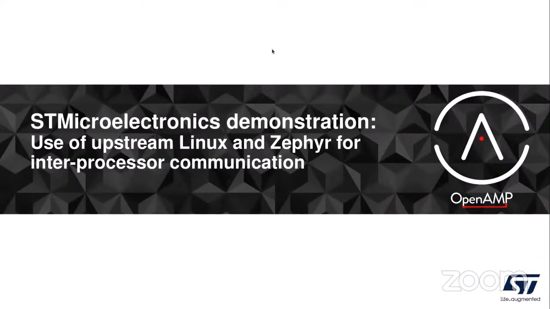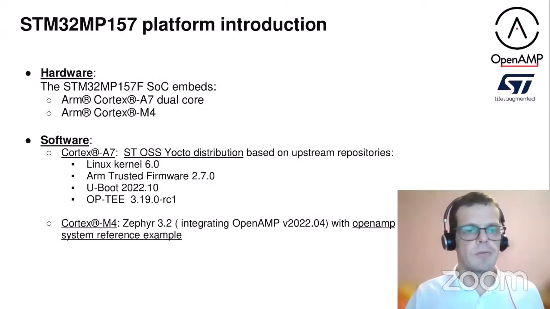Today, I propose to show you some demos around evolutions of the rpmsg and remoteproc frameworks. For this, I will use an ST Microelectronics board named the STM32MP157F Discovery Board.